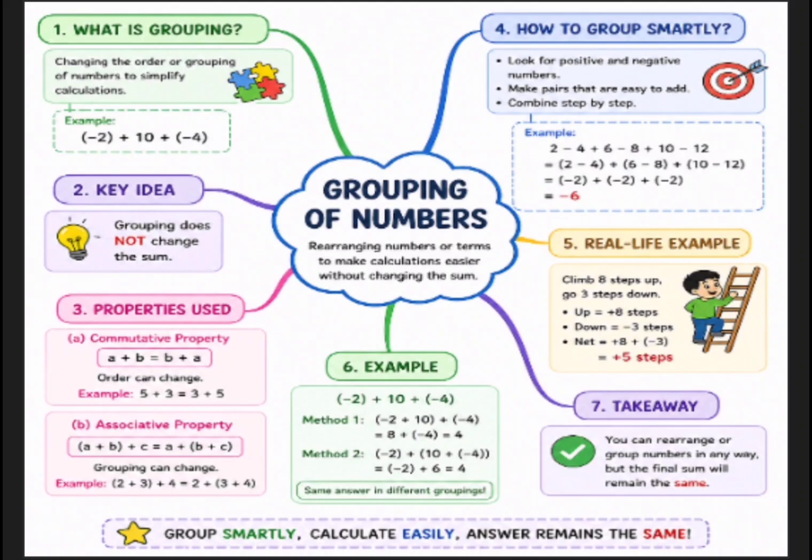How to group smartly? You look at the positive and negative numbers, make pairs wisely, and then combine and solve step by step. I have also discussed the real life example using a ladder problem, negative and positive words, applying the rules of integers. So the takeaway is you can rearrange numbers in any order, but the final result will always remain the same. Group smartly, calculate easily, answer remains the same.